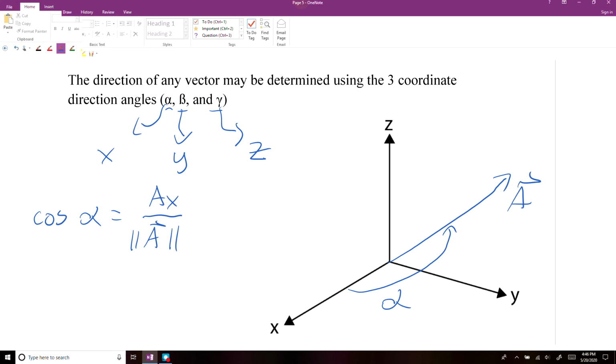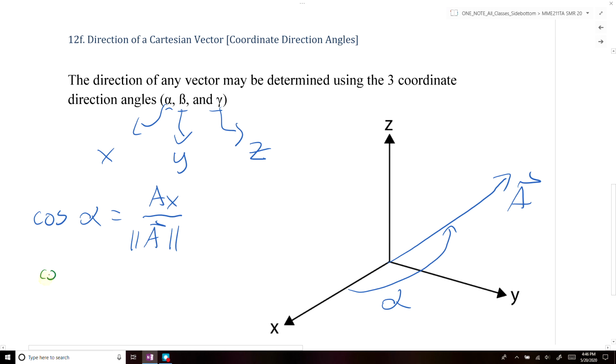Cosine beta will be equal to the ratio of A of y divided by the total magnitude of A. So that will be beta here.